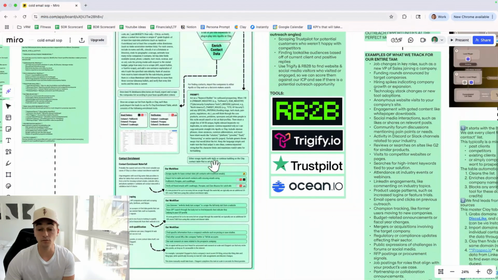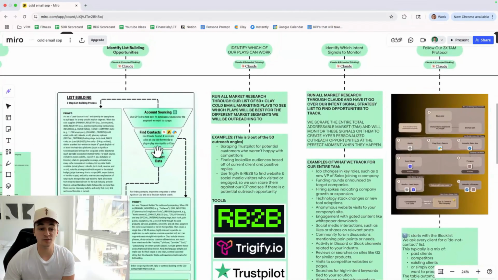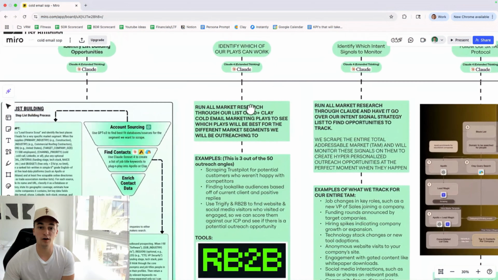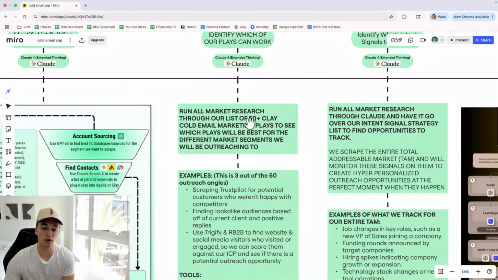Okay. Now what we'd like to do is take all that information of how we could pull lists for each of the different segments. And we also are going to identify which of our different marketing outreach angles could work for each of the different market segments. We have over 50 outreach angles that we use at our company to basically penetrate different segments of markets that act differently.